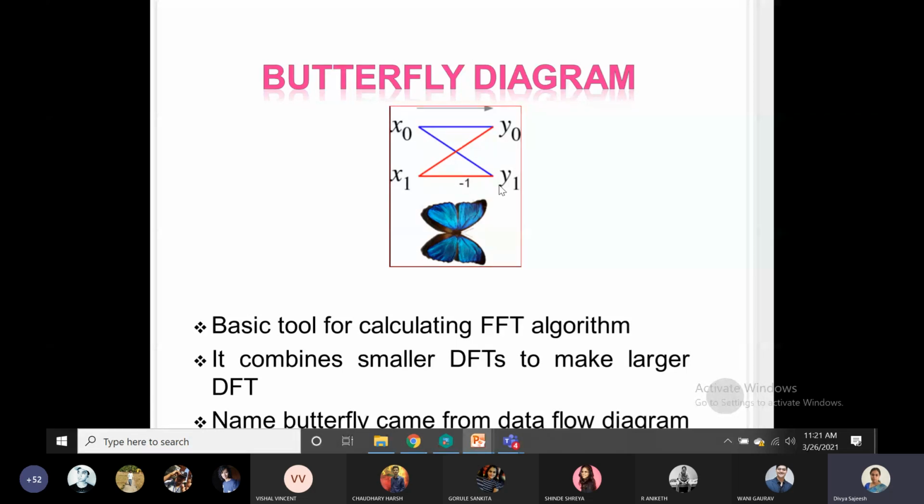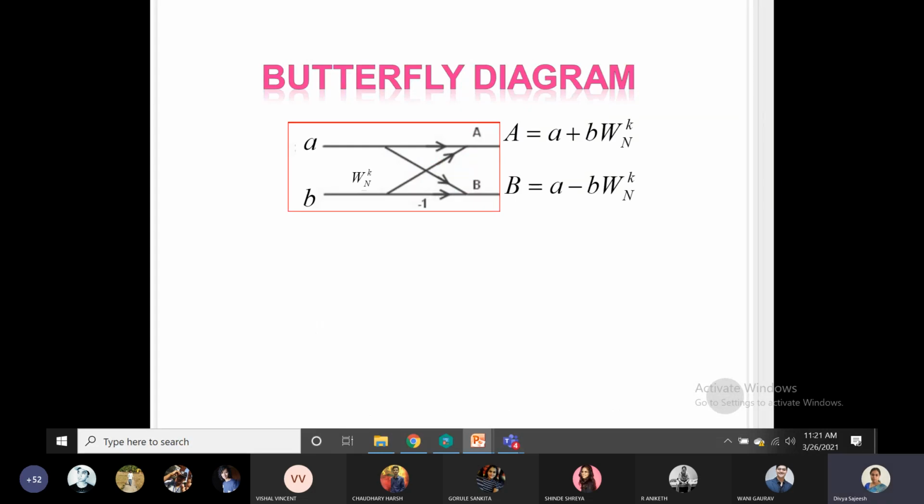This basic block will be used many times to finally obtain the final DFT. The same thing is depicted here. I have taken the inputs as A and B instead of x0, x1. Now one more thing is that for finding the DFT you need the twiddle factor.